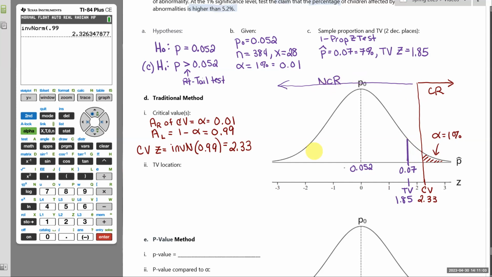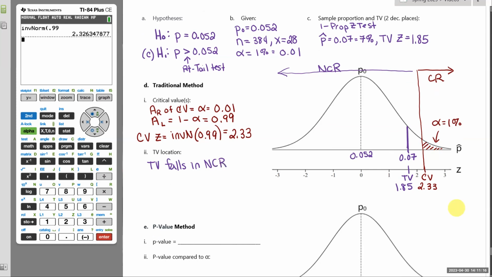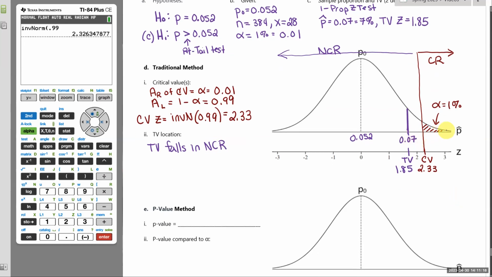It's in that unshaded non-critical region. So my test value falls in the non-critical region, which means we do not reject the null hypothesis. It's just not far enough to the right to really convince us to reject that the proportion is 5.2%.